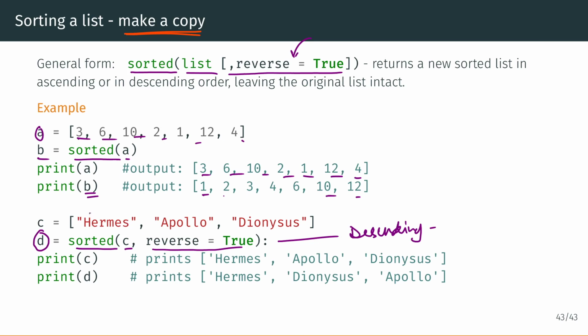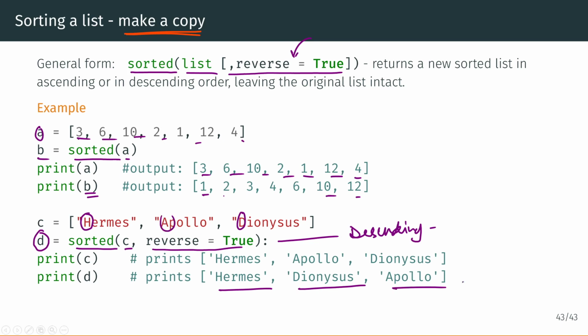The largest is Hermes, because it would be the last one to appear in a dictionary among these three. Which means it comes first since we are sorting in descending order. The next would be Dionysus, because it comes before Hermes but after Apollo, and the last one, which comes first in the dictionary, would be Apollo.